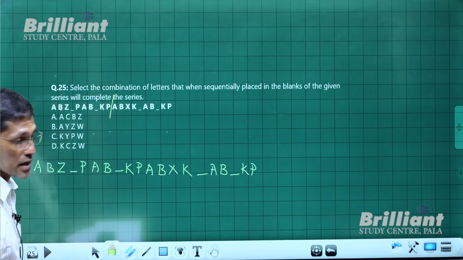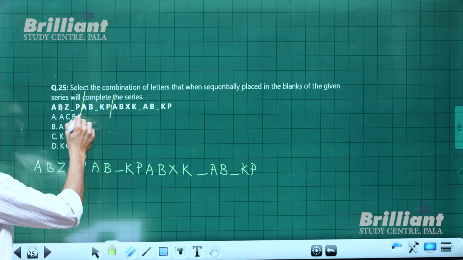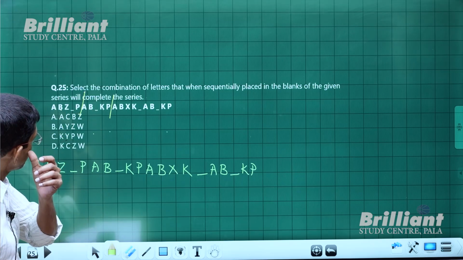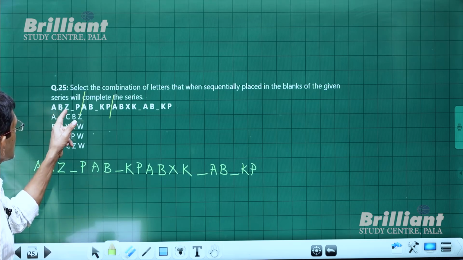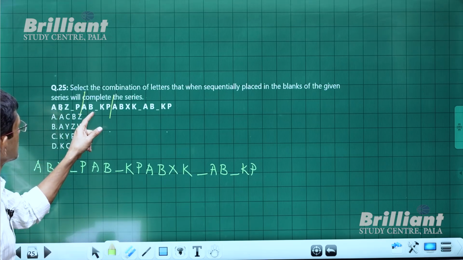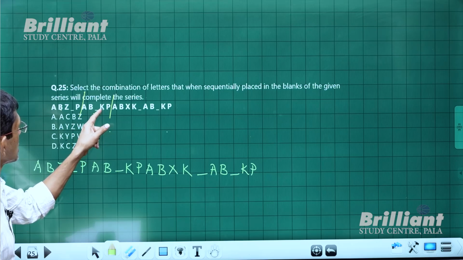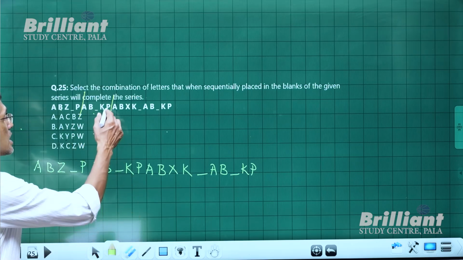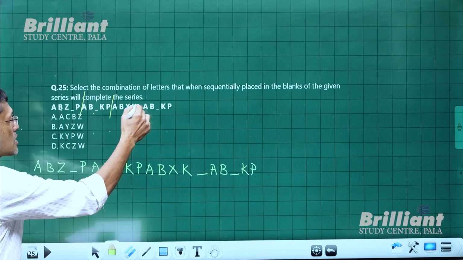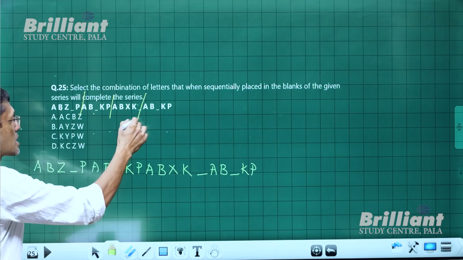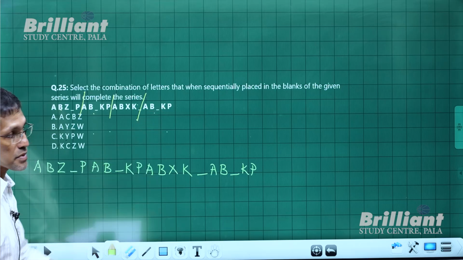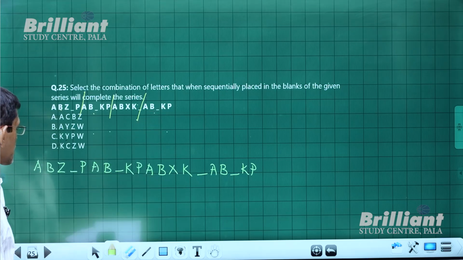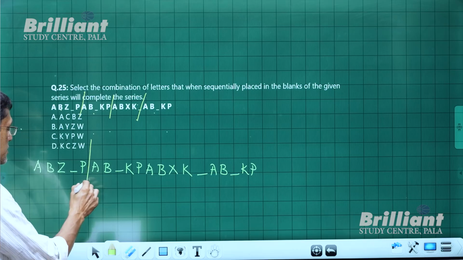After P there's A. So P looks like the end of one section, right? So A, B, C, something missing, P. A, B, something is missing, then K, P. Then A, B, Y, K. So probably P is missing here, then it is A, B. See that? We have to divide it into sectors.